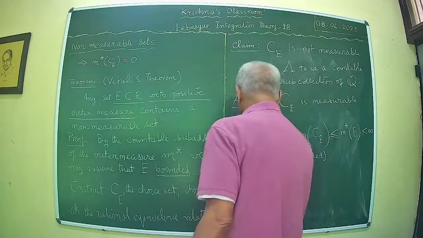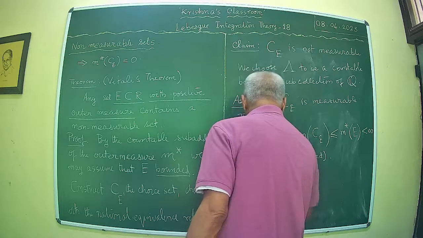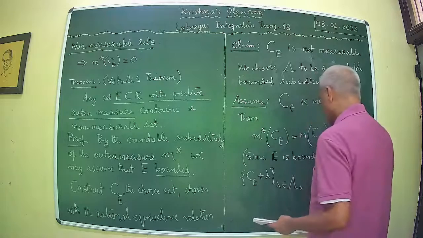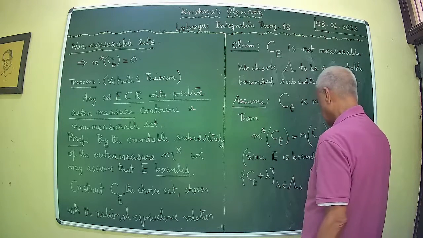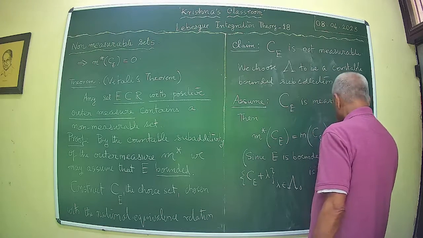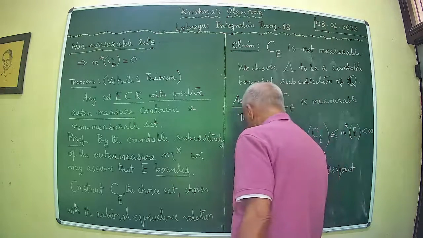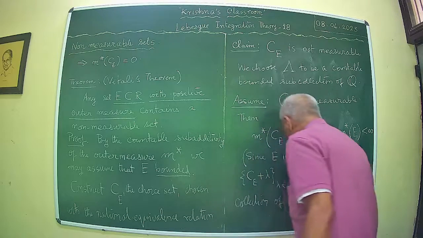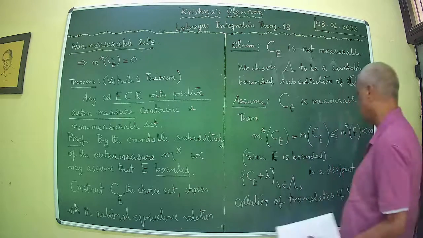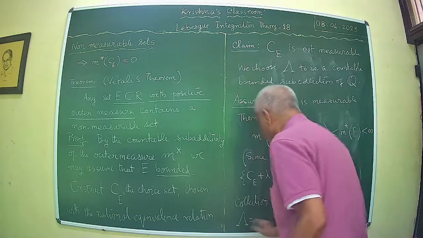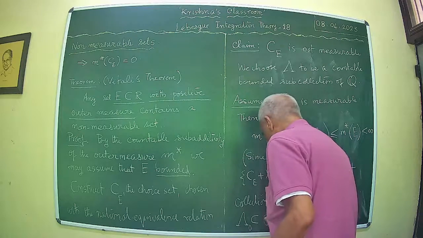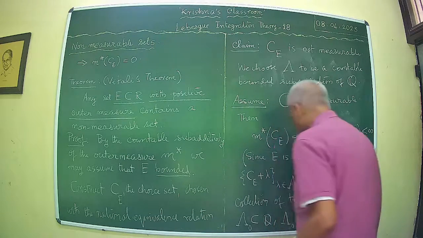Now what you have is this: C plus lambda for lambda belonging to lambda naught, that of course is a collection of translates of C. First we take lambda naught countable.